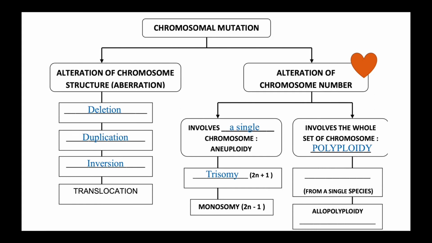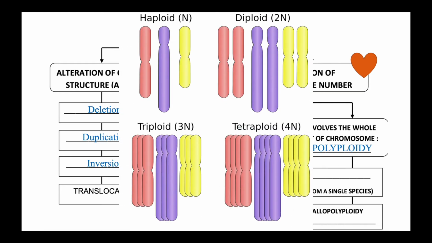As we have mentioned earlier on, polyploidy is the condition where an individual has extra sets of chromosomes. For example, a normal individual will be diploid, 2n. Polyploidy can result in the ploidy level of the individual becoming 3n triploid or 4n tetraploid, and so on and so forth.